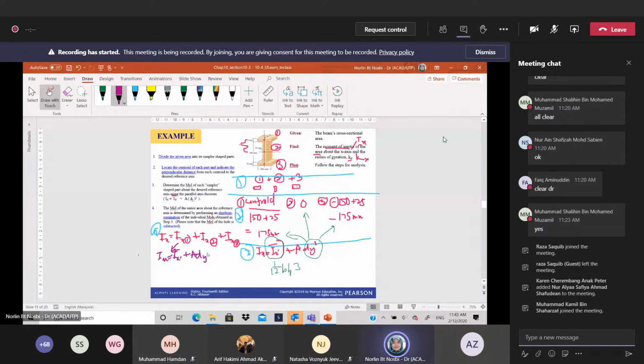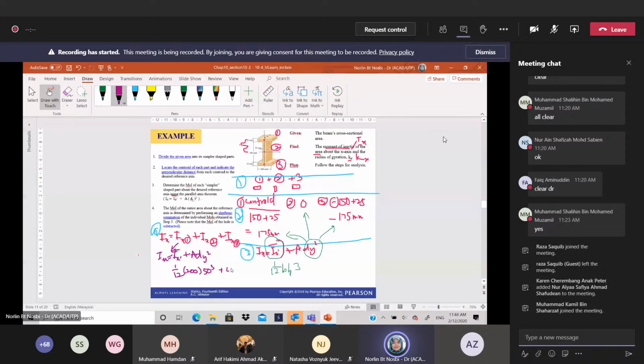So B for the first shape is 200. So it would be 200 times h to the power of 3. The height of this rectangle is 50. So 50 to the power of 3, then plus the area. What is the area for the first part? The area is 50 times 200.